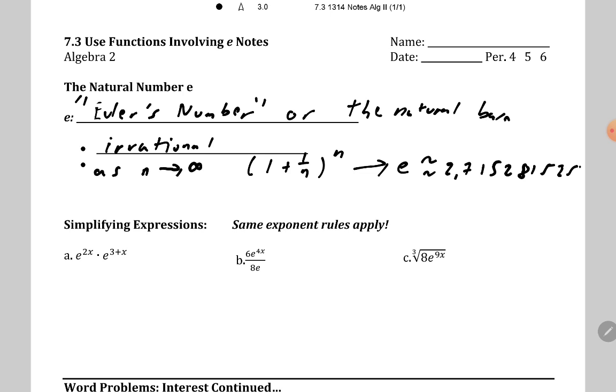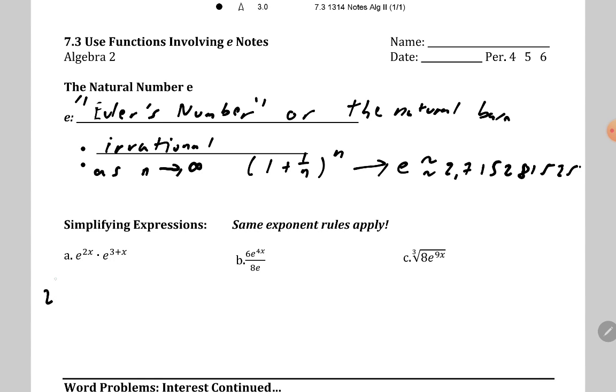Now, I'm not going to go into the history of e, not that much. We're just going to go over how we work with it and use it. So here we go. Simplifying expressions. The same exponential rules that we used before still apply. If we're multiplying exponents of the same base, the base here is e, and we have 2x and 3 plus x, we just add the exponents.